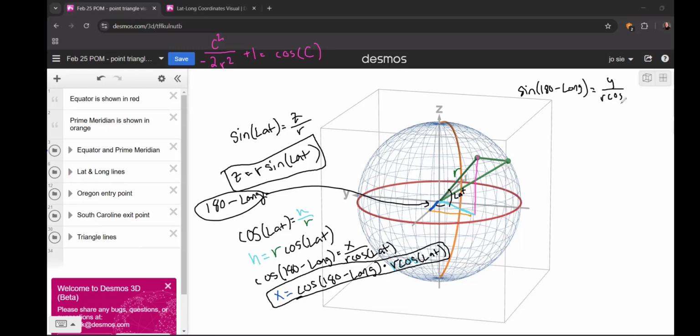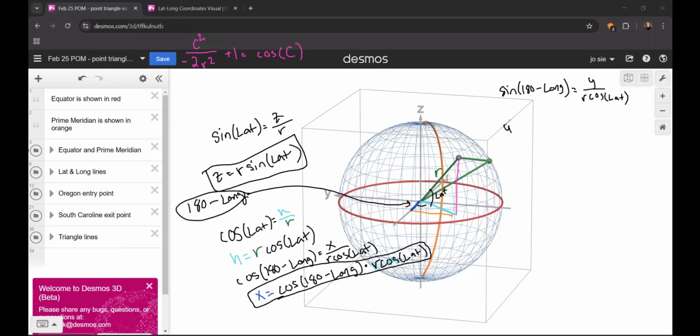So y equals r cosine of the latitude times sine of 180 minus the longitude. So with this information, we can now get the coordinates of each of our points.